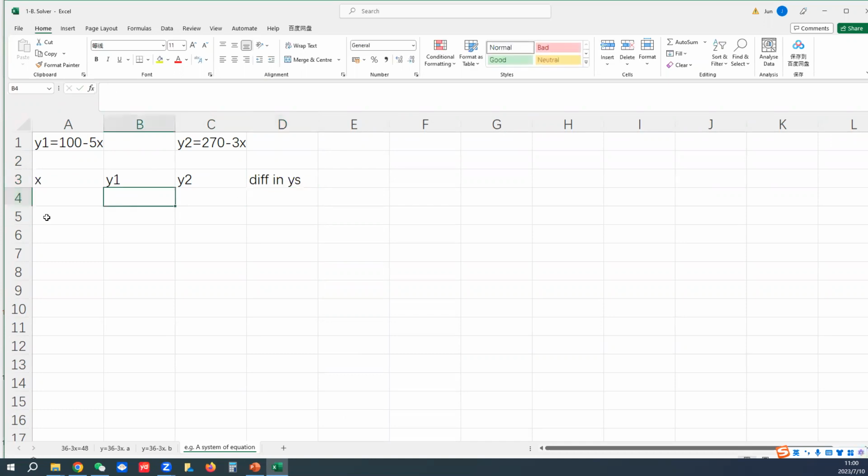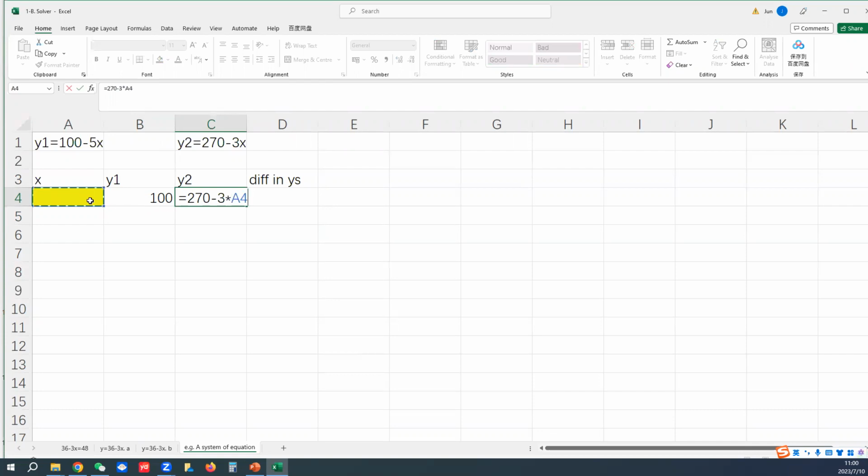So x is what you have to solve for, and y1 is 100 minus 5 times x, and y2 is 270 minus 3 times x. And the difference in y is y1 minus y2 or y2 minus y1. It doesn't matter.